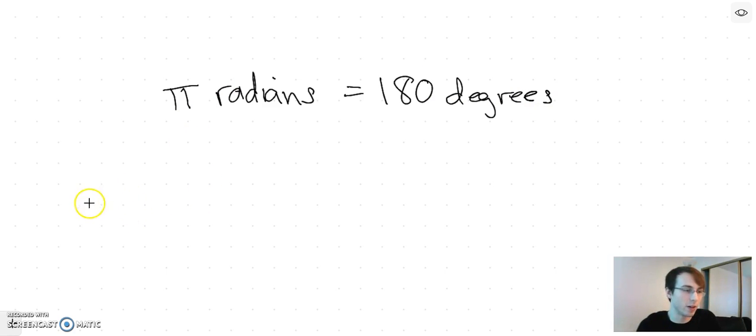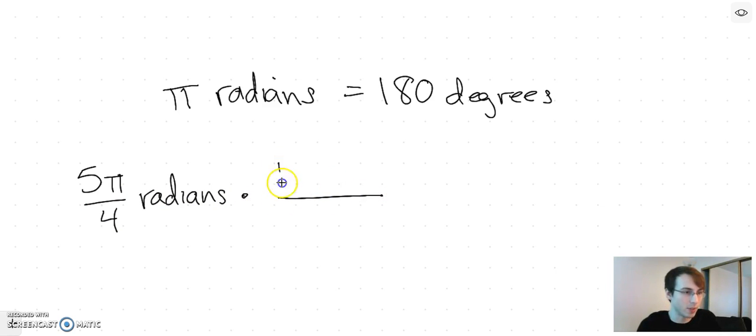So if you have to convert, what's 5 pi over 4 radians? Just set up your conversion factor times 180 degrees over pi radians.